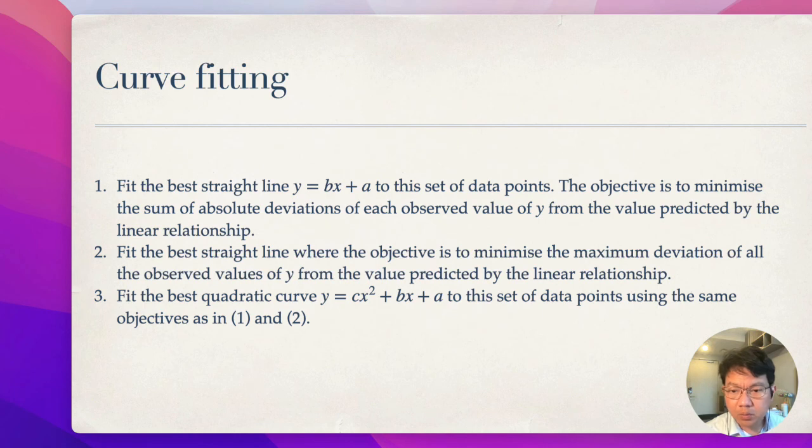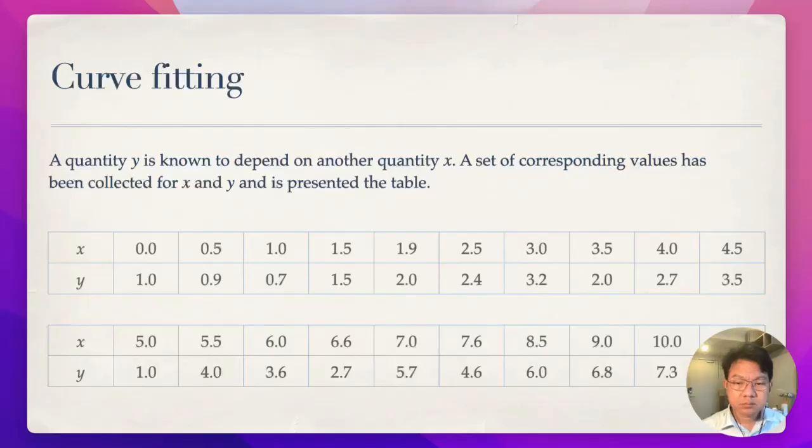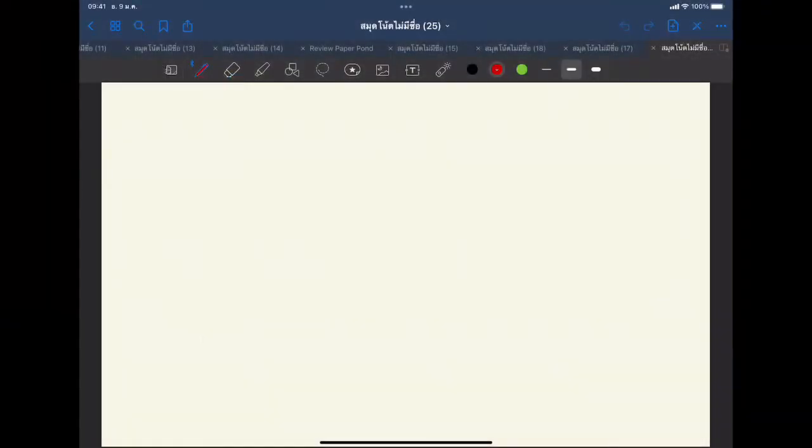Okay, we will work on the first problem first. We set out on our problem, the first problem. Of course, I would like to explain the idea first. We have x and y.